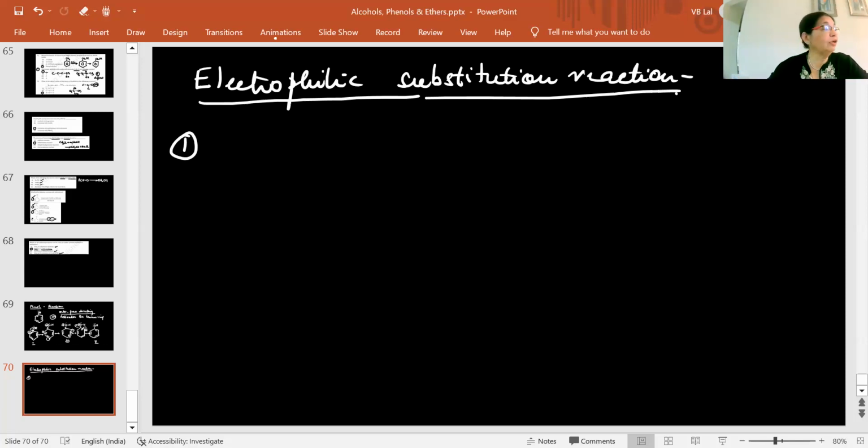There are different types of substitution reactions of the benzene ring. Always there are 4 substitution reactions. What are they? Halogenation, nitration, sulfonation, and Friedel-Crafts reaction. Whenever there is a benzene ring, these reactions always happen.